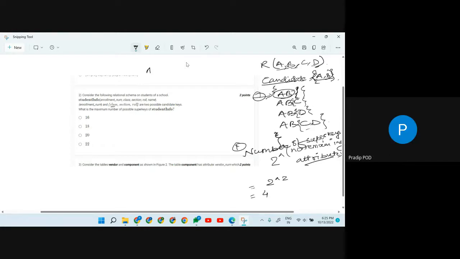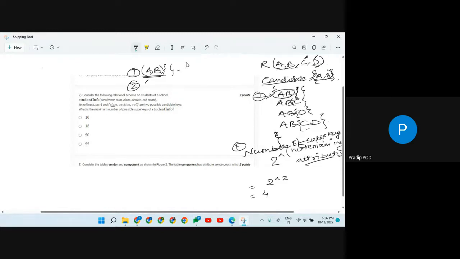So AB is always there, right? Then what will come? The first element is your empty set, so you have to consider only the remaining attributes. What are the remaining attributes? The remaining attributes are C and D, right?